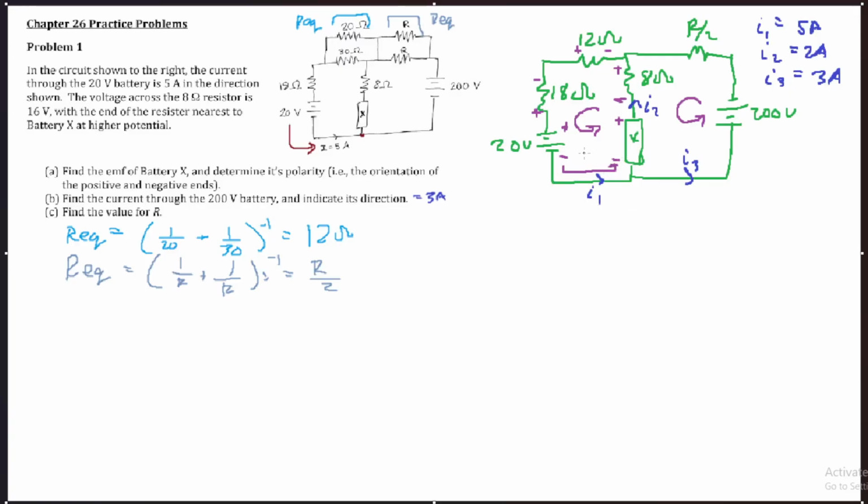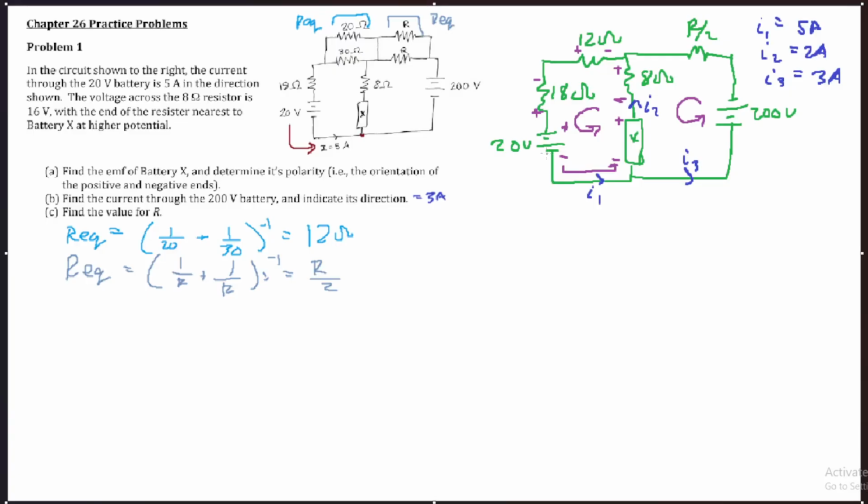So Kirchhoff's loop rule says that the voltage across each resistance and the voltage across this voltage source and this X is all equal to 0. So we can just start from our 20 volt battery here.